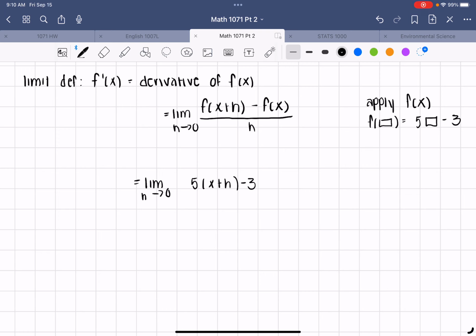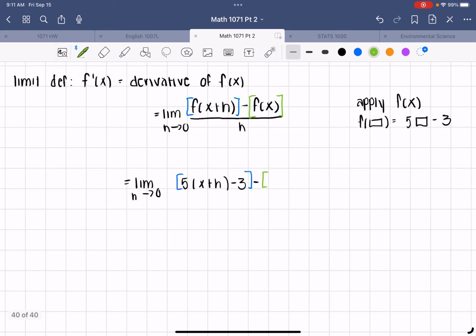And now, the green step. Put x into the box, which of course is your original definition, 5x minus 3, all divided by h. Are we okay? You're going to have 2 of these on the midterm to do, so ask any questions.